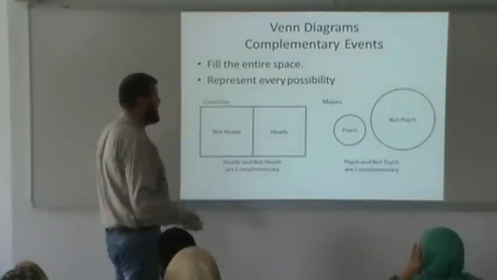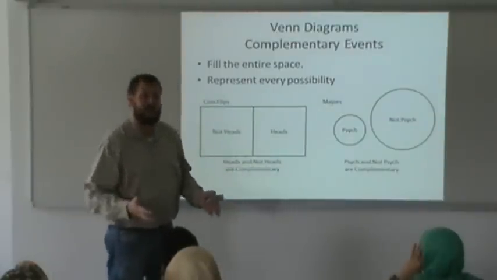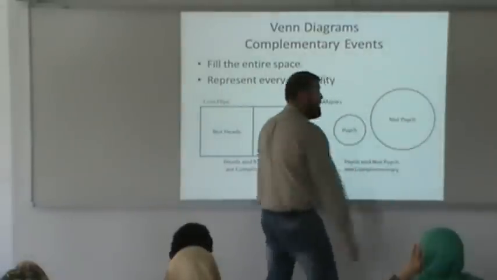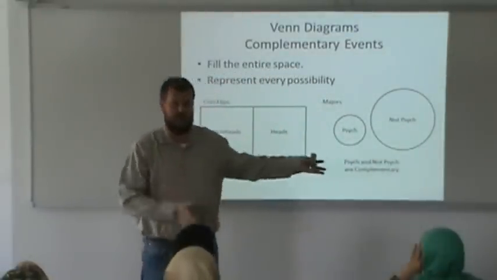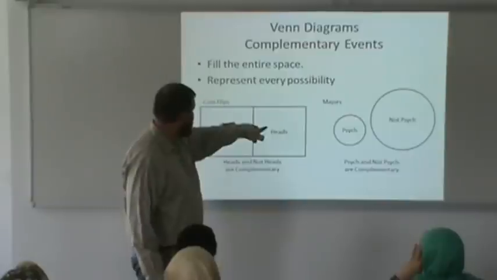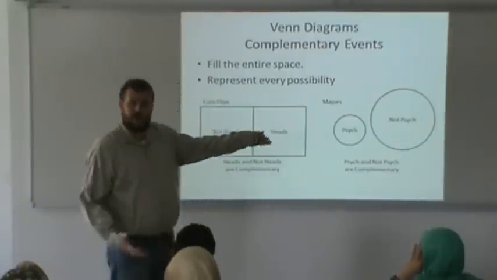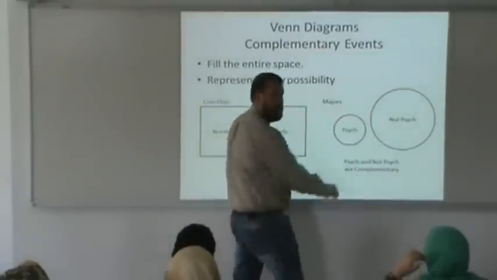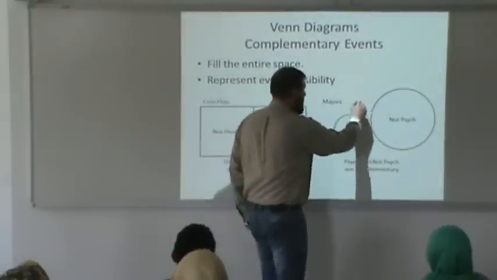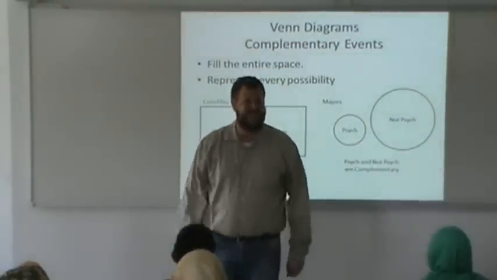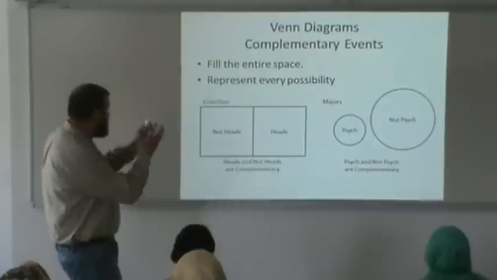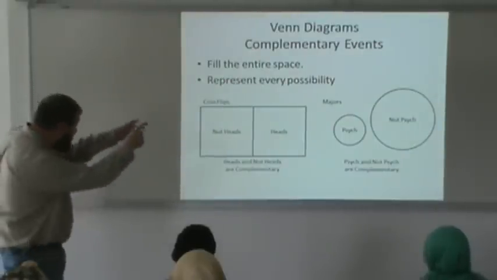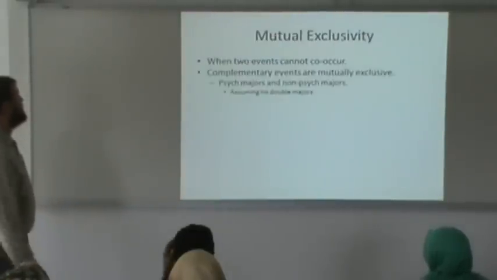Here we don't have a bounding rectangle, so the entire event space is indicated by the total surface area of the different regions. So here we have psych and not psych. Are those complementary? Yes, there's nothing else over here. If there was something besides psych and not psych, then those would not be complementary. But the way I have them there, that is complementary.